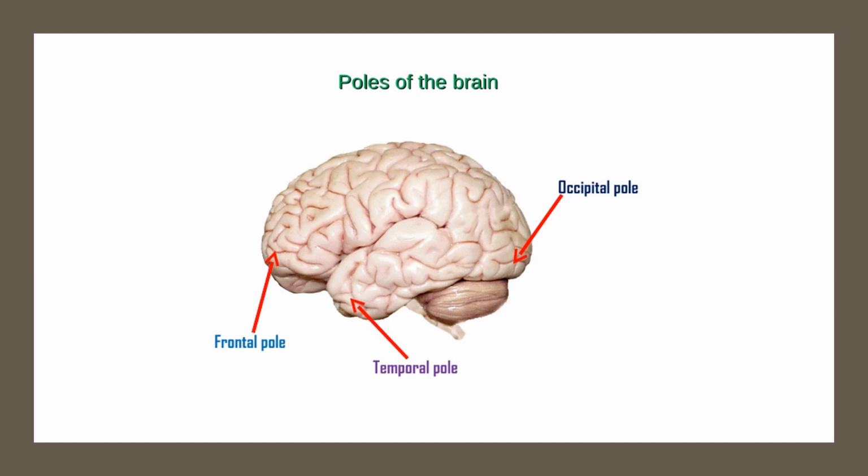The occipital pole is at the posterior end of the hemisphere. It lies a short distance supralateral to the external occipital protuberance. The temporal pole between the frontal and the occipital poles points forwards, and it fits into the anterior part of the middle cranial fossa and is overhung by the lesser wing of the sphenoid.